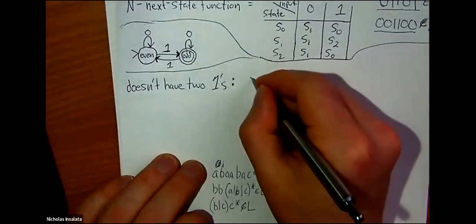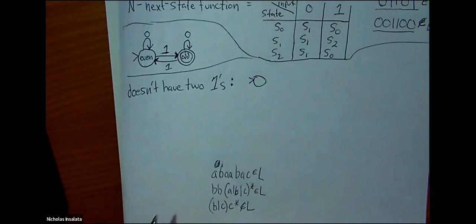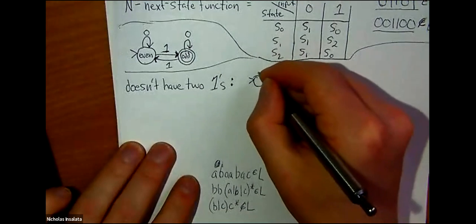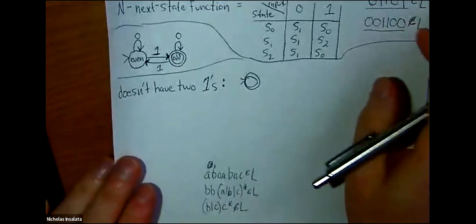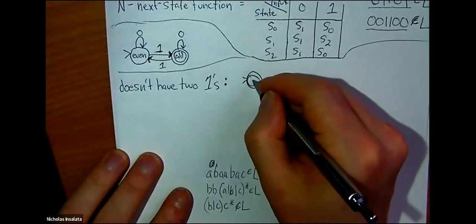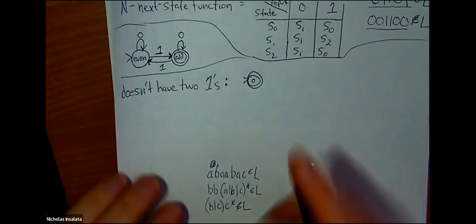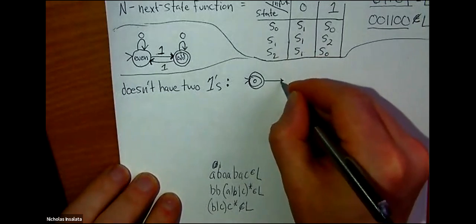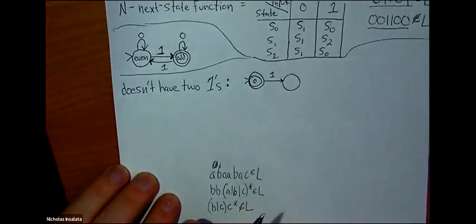Our start state. Is that going to be an accepting state or a rejecting state? When we haven't seen anything yet, just the empty string. Accepting, right? So here, I'll make this an accepting state. Okay, that's when we've read no ones. Okay, what if we read a single 1? Is that going to be accepting or rejecting?